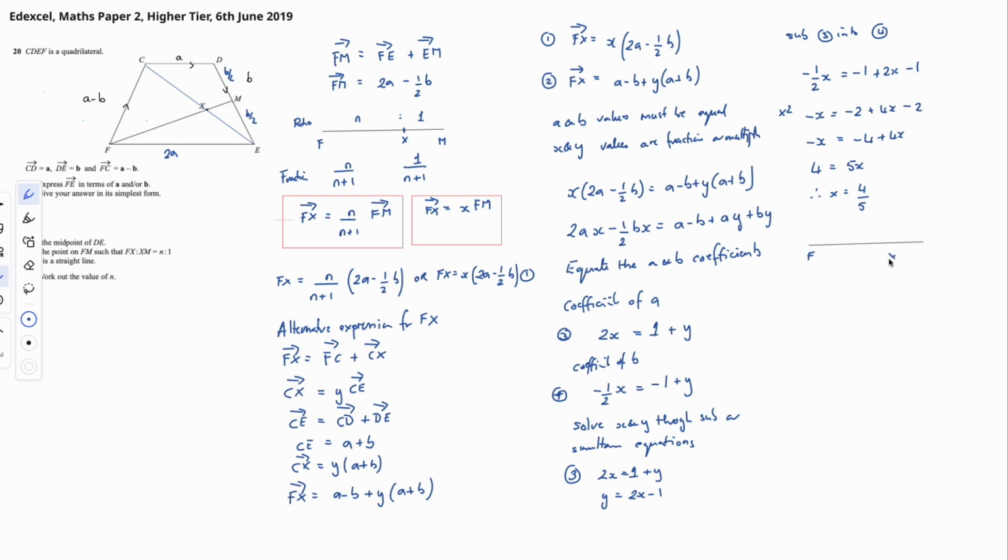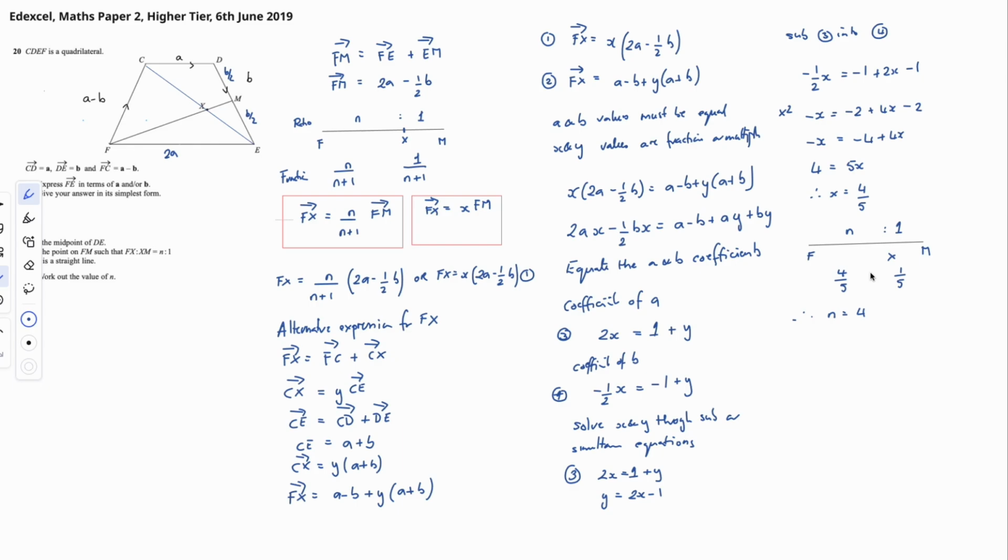F, X and M, splitting the ratios 1 to n. This is actually split into 4/5, and this naturally has to be 1/5. Therefore, n has to be equal to 4.